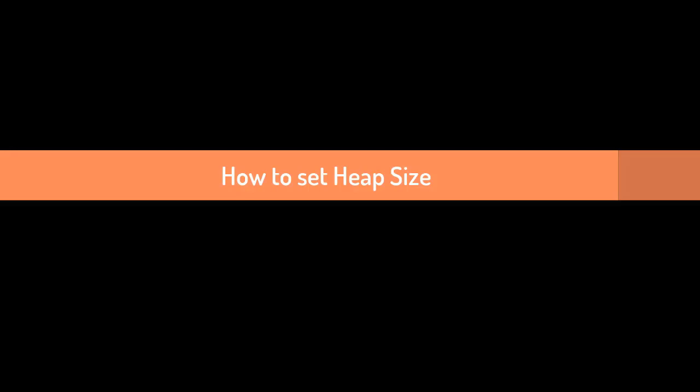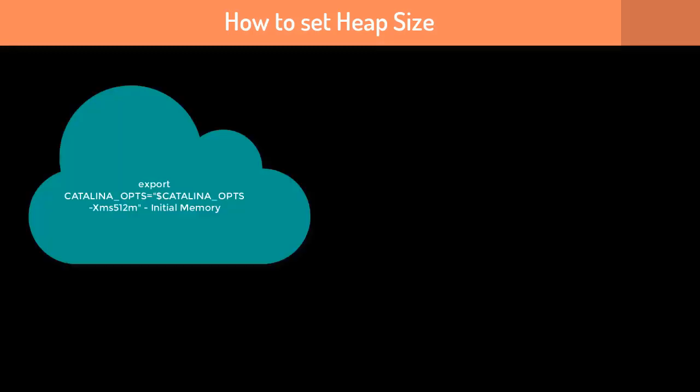Then comes a very important question: what is heap size in JVM, and how would you increase or decrease the JVM heap size? Alright, so basically the JVM parameter can be set by providing the value of the parameter Xms, which is basically the initial memory size.